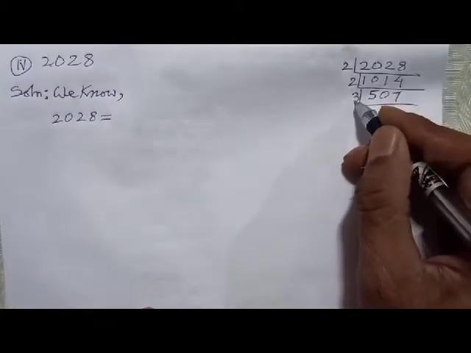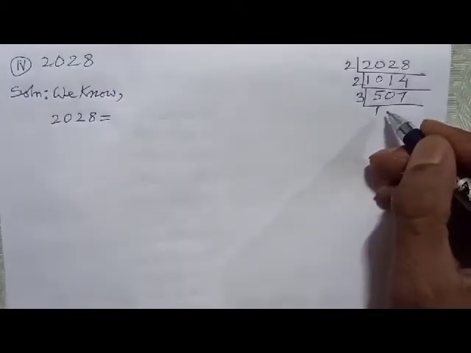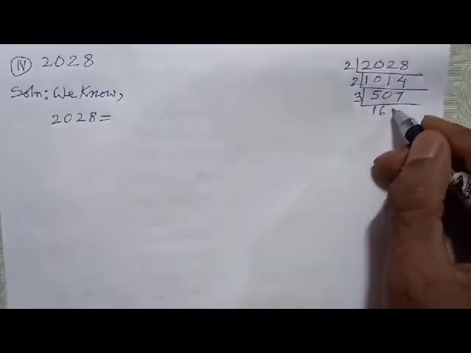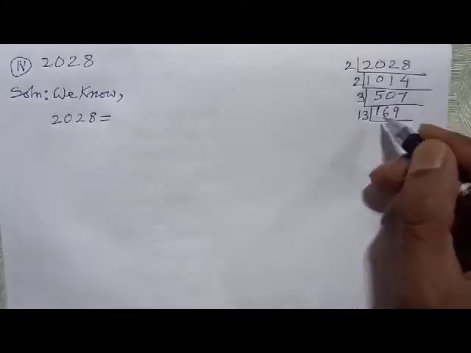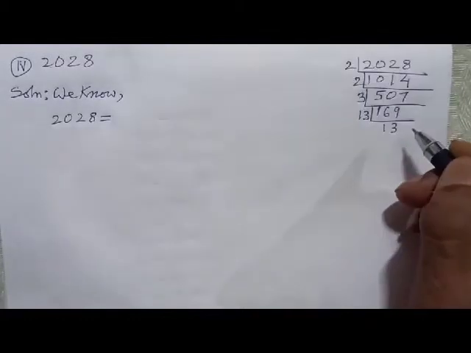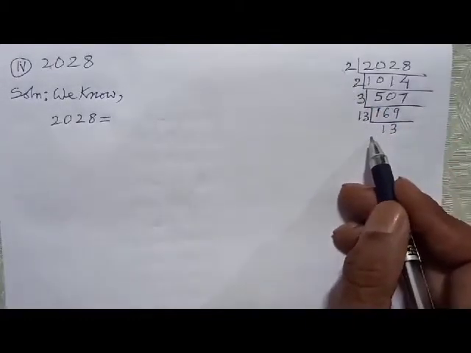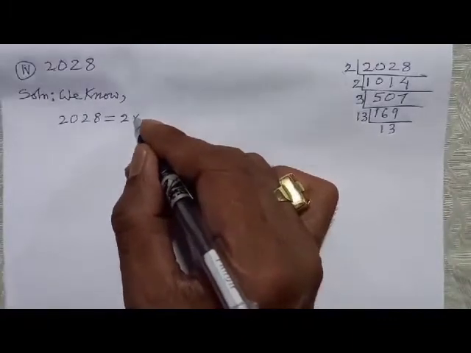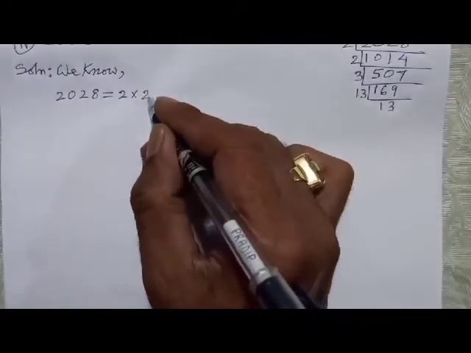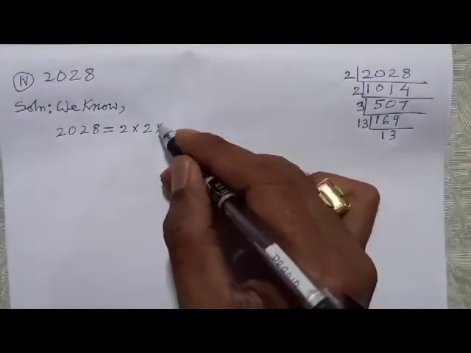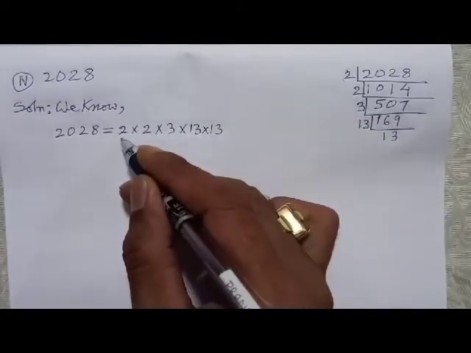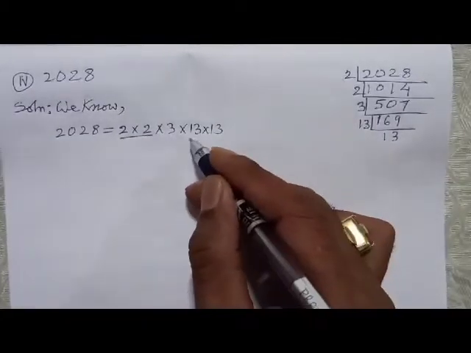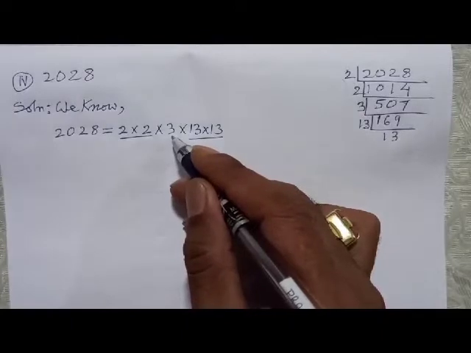Let us divide by 3. 3 1 time is 3, 4 5, 3 6 time is 18, 19, 20, 3 9 time is 27. 169 we can divide by 13, then we will get 13. So the factors are these factors. Let's write here 2 into 2 into 3 into 13 into 13. Here these 2 are in pair, these 13 are in pair, and this 3 is unpair.